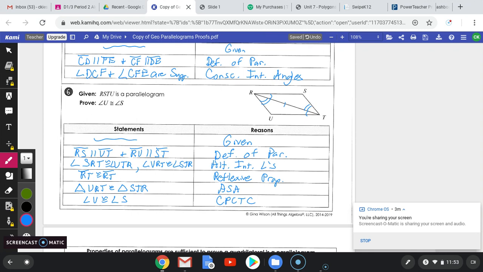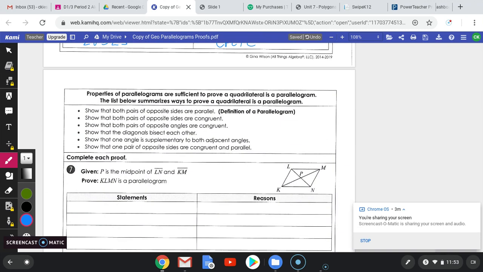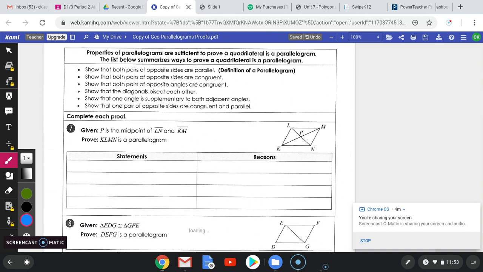The only thing you can really say is that the opposite sides are parallel. Now, if I look at the next page here, it says all the properties of parallelograms are sufficient ways to prove a quadrilateral is a parallelogram. So if I show any one of these, then I can mention these properties and say that it's a parallelogram.